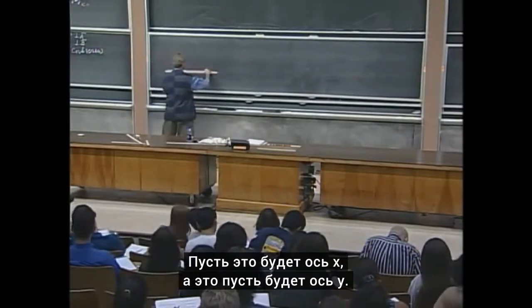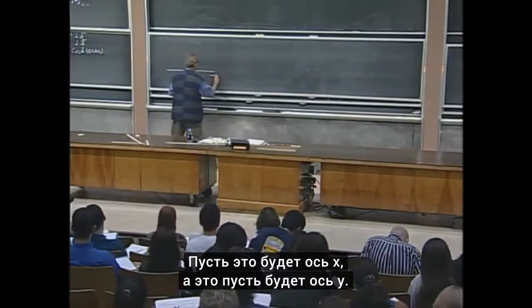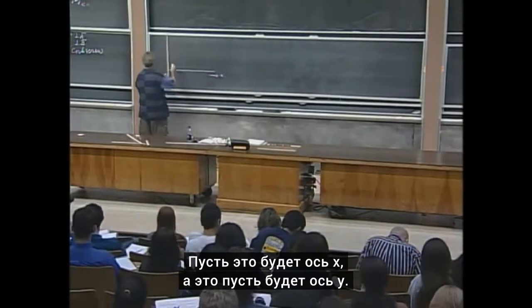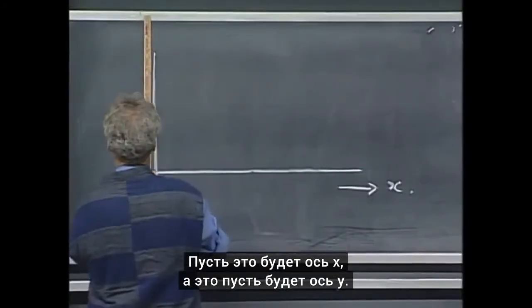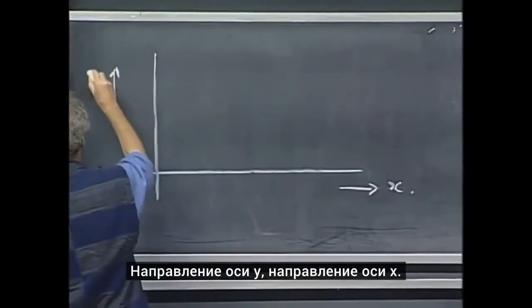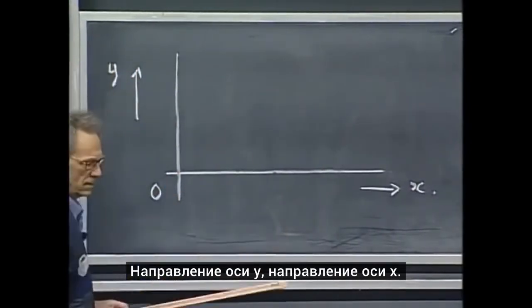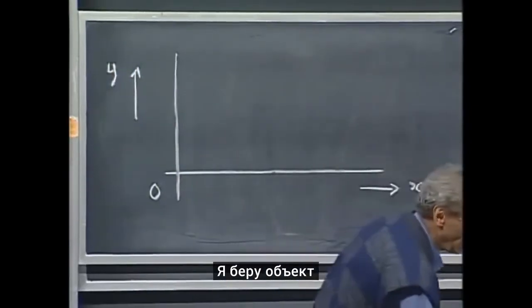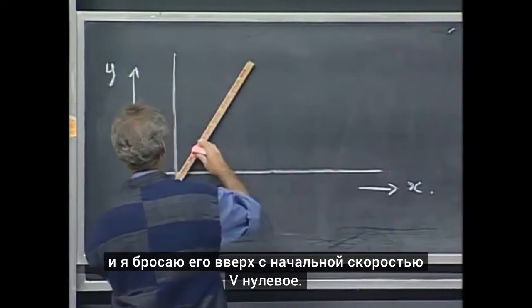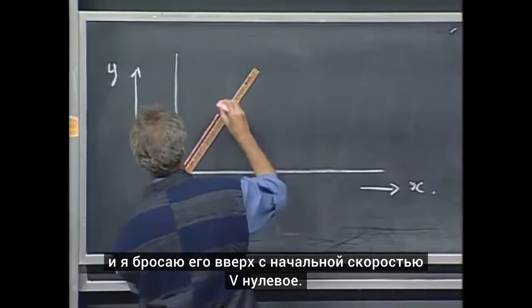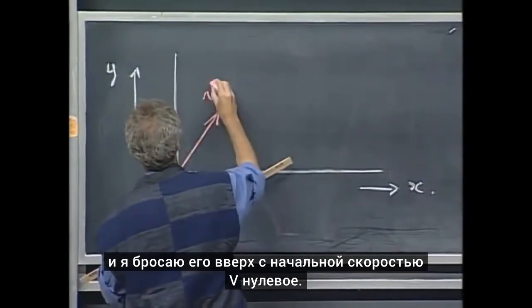Let this be the x direction, and let this be the y direction. Increasing values of y, increasing values of x. I take an object, and I throw it up with an initial velocity v0.